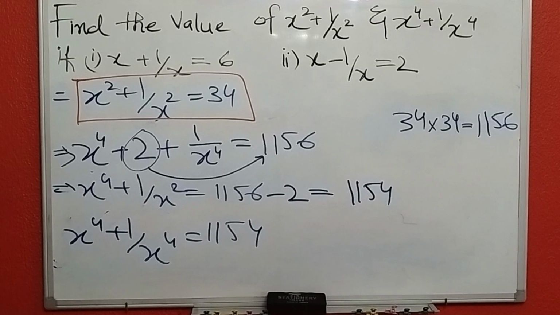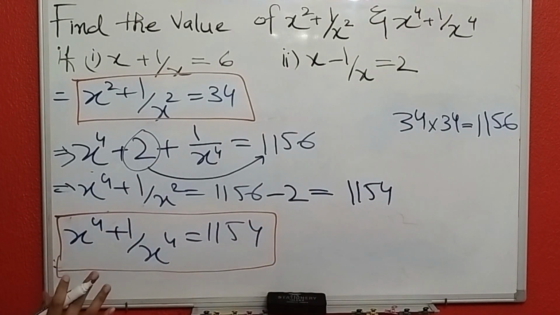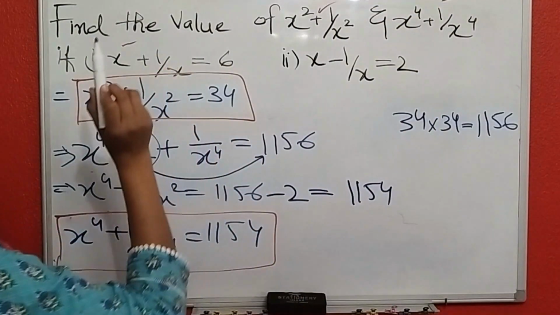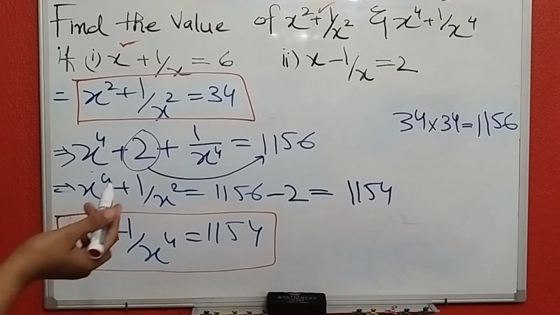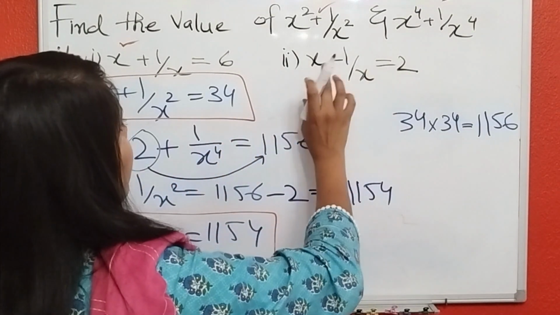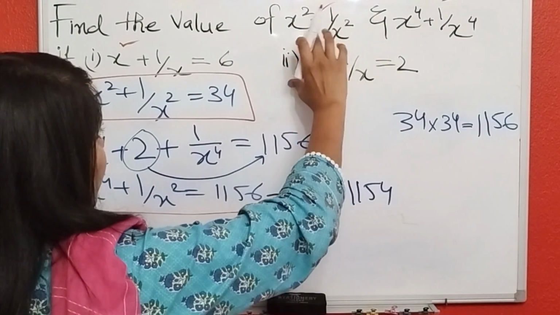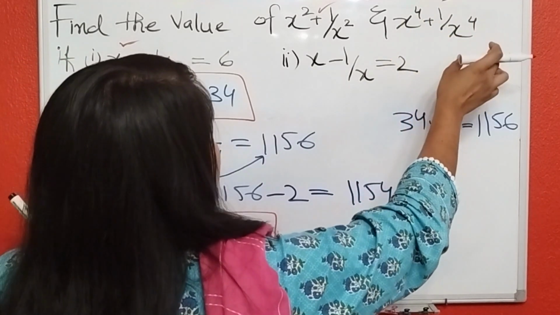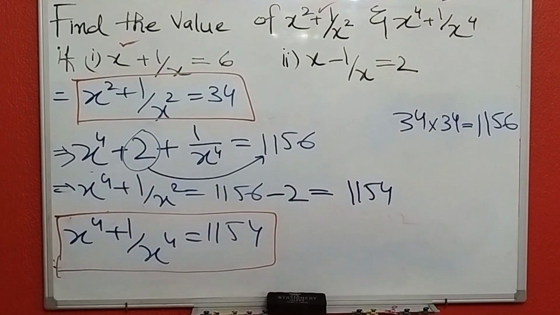So I have found the value of this and this with this. Now I'm going to solve this value, and I'm going to make x plus 1 over x in the form of x square plus 1 over x square, and x minus 1 over x in the form of x power 4 plus 1 over x power 4.